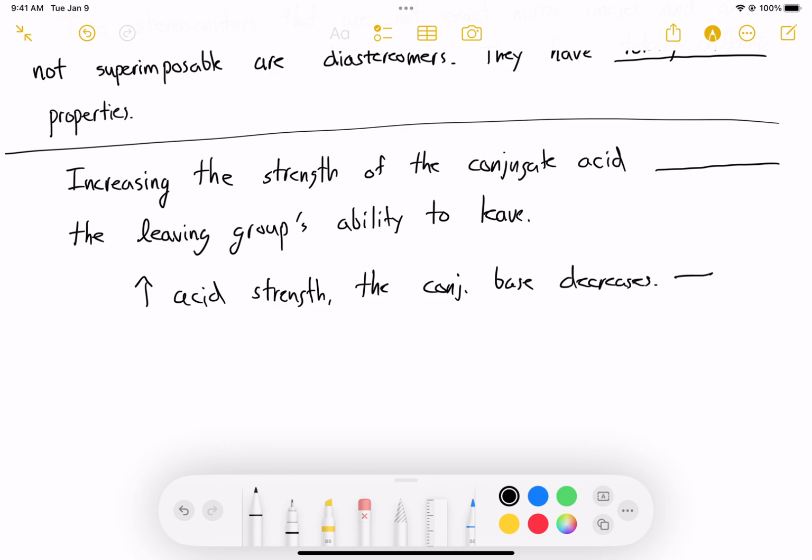And that means it's more stable as a base because it doesn't want to react. So the acid strength increases, we get a conjugate base that is much weaker. The base strength decreases, and when we do that, it's more stable as a base by itself.